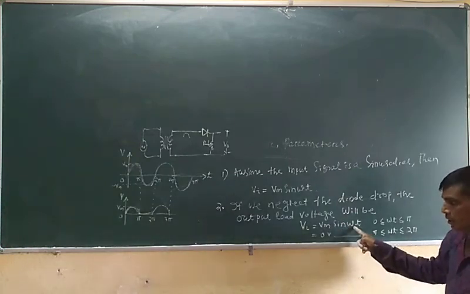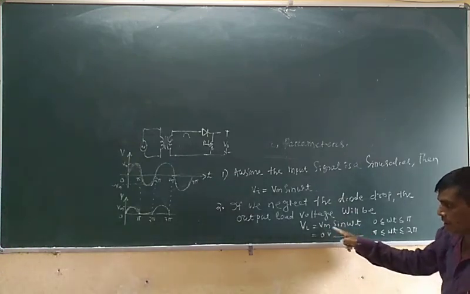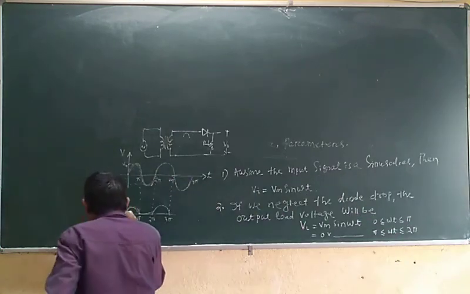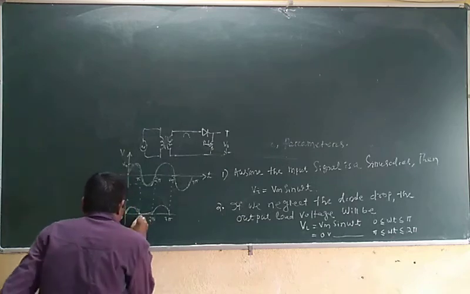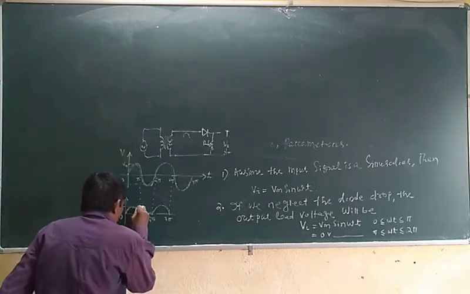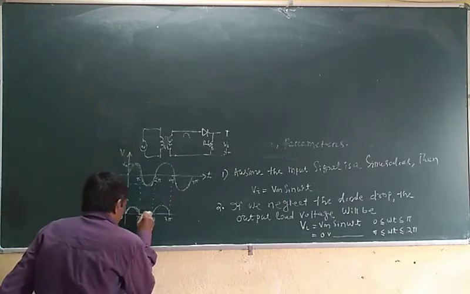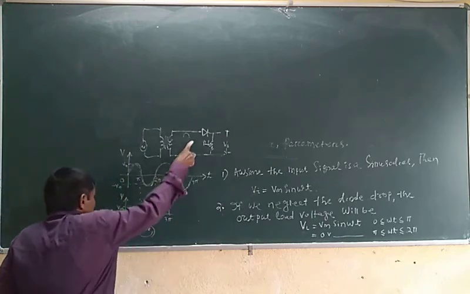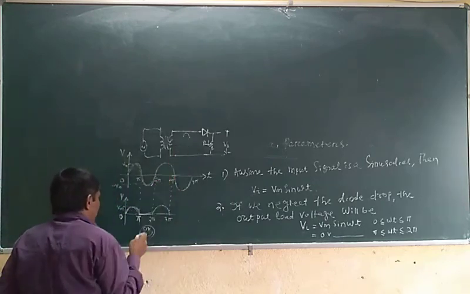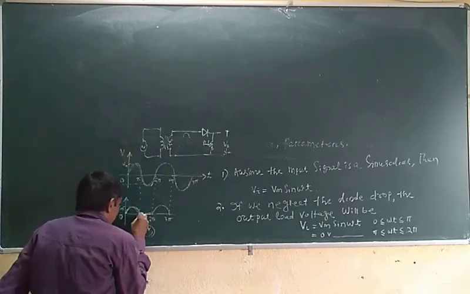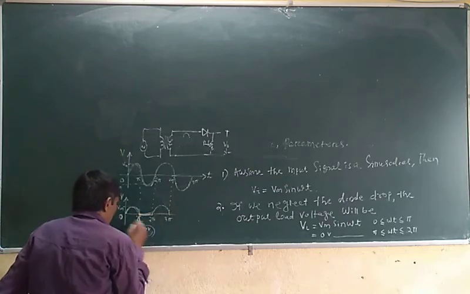It conducts during 0 to pi, and during pi to 2 pi the voltage is 0 volt. The diode does not conduct in the negative half cycle.